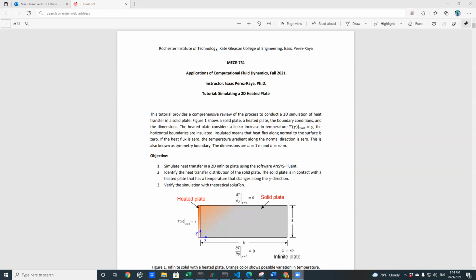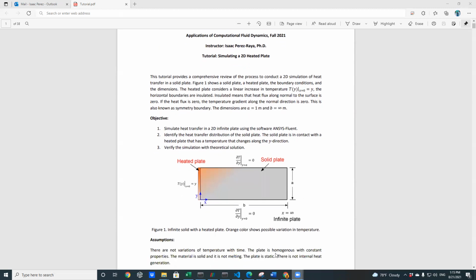This is also known as symmetry boundary conditions. The dimensions are A equal to 1 meter and B equals to infinite. So we are dealing here with an infinite plate. Don't worry about this. I will show you how to model this condition.